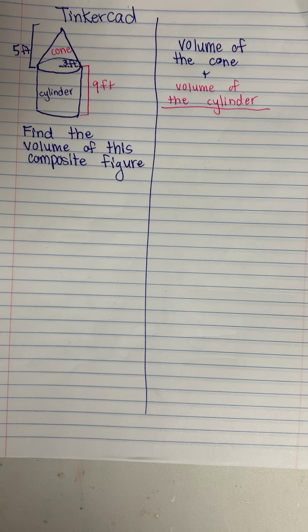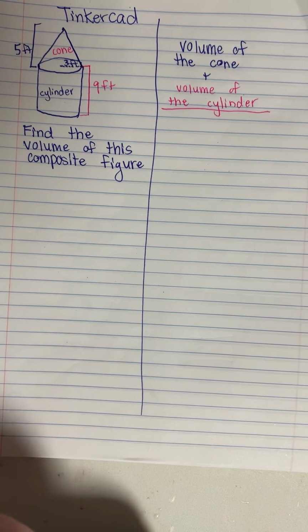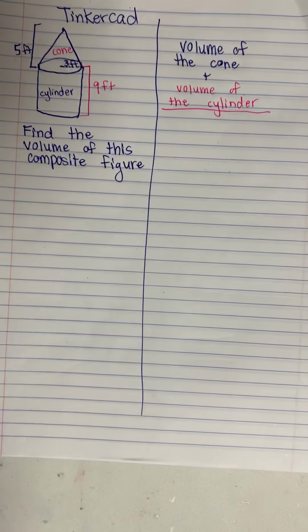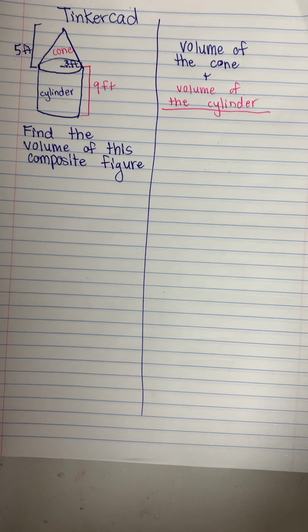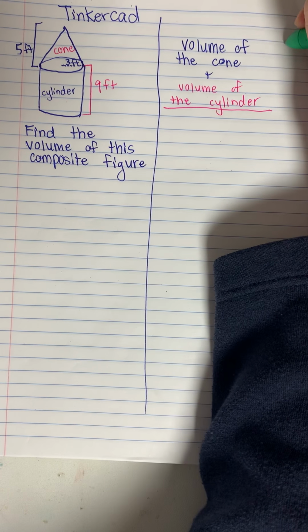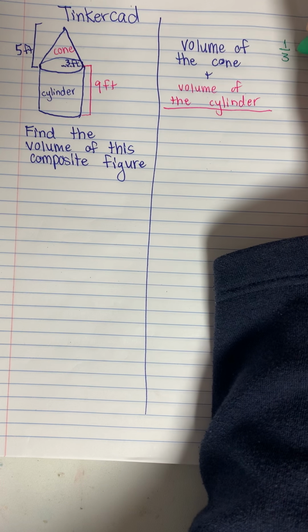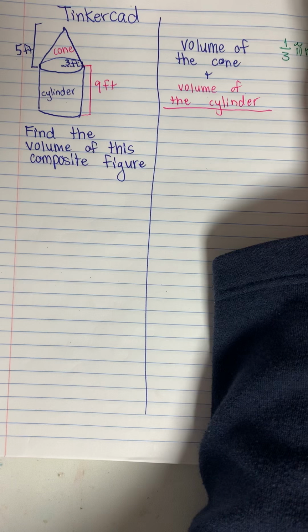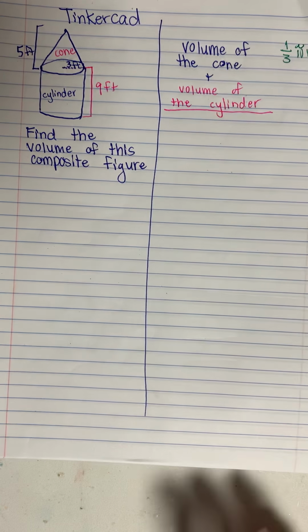Let's go ahead and review the volume of a cone. Volume of the cone, I'll use a different color just so we keep things separate here. Volume of the cone, remember, is 1/3 pi r squared times the height.